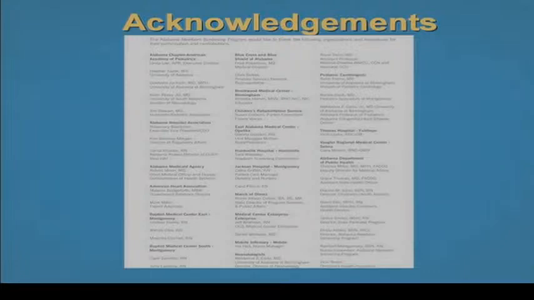You can see here that the Alabama chapter of the American Academy of Pediatrics was involved, as well as the Alabama Hospital Association, the Alabama Medicaid Agency, the American Heart Association, and several hospitals throughout the state, as well as the March of Dimes, and several neonatologists and pediatric cardiologists who helped create those screening criteria.